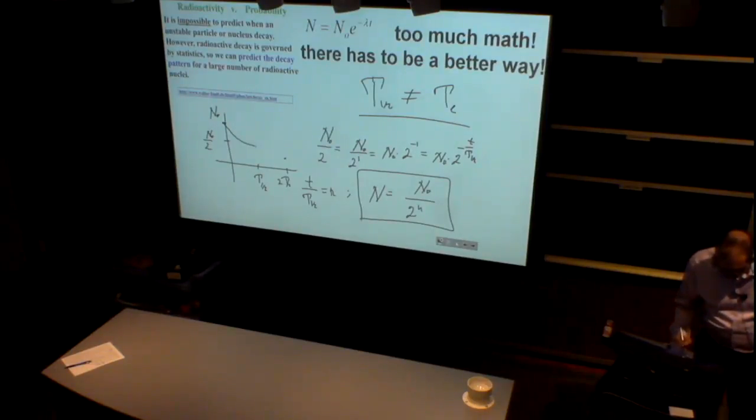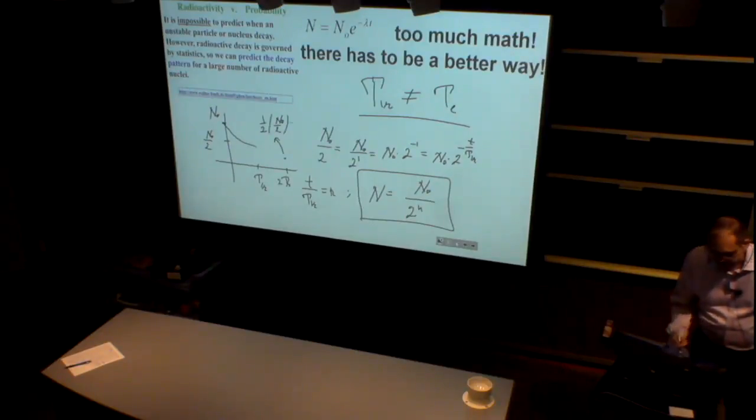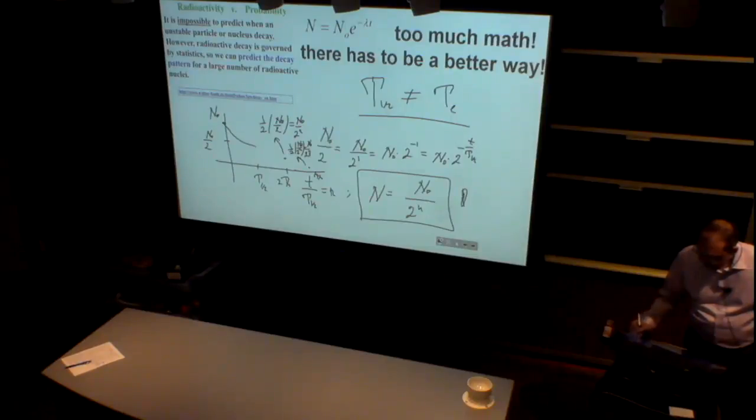So here it will be a half of the initial, which is this. If we wait one more half-life, here the number will be a half of the initial for that period, 2 cubed, etc., etc. And that is how we get this equation.